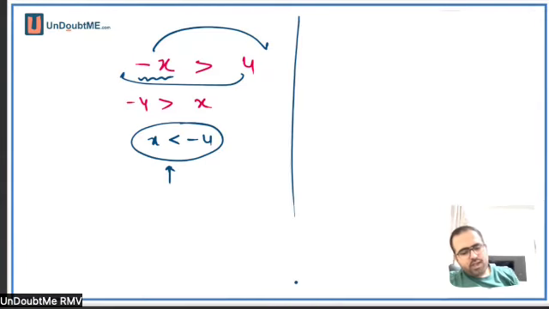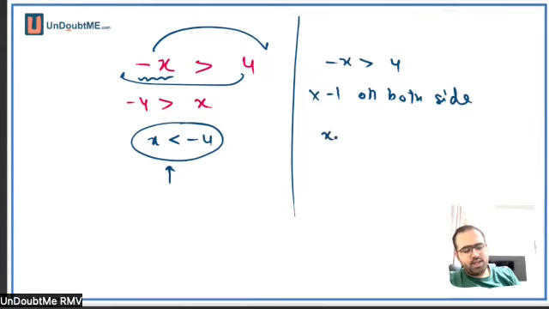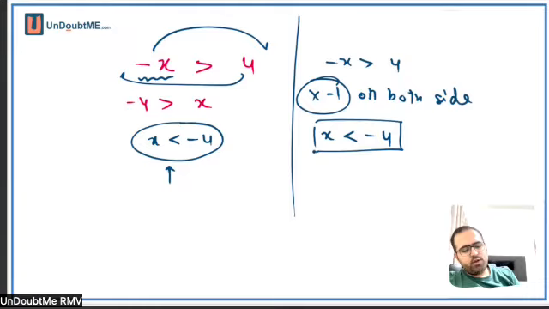Now what they have done for inequality, instead of using that, they are saying to multiply by minus 1 on both sides. If we multiply by minus 1 on both sides, then it will be x less than minus 4. And they have made it a concept that if you are multiplying or dividing by a negative, it will flip the sign of inequality.